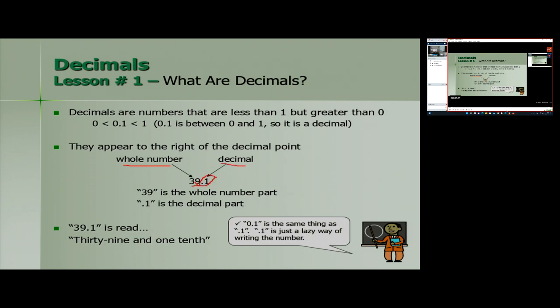Because as the definition states, decimals are numbers that are less than 1 but greater than 0. So if you have a number line over here, this is 0 and this is 1. The decimals are the numbers in between, without touching 0 and 1. So that is what a decimal number is all about.